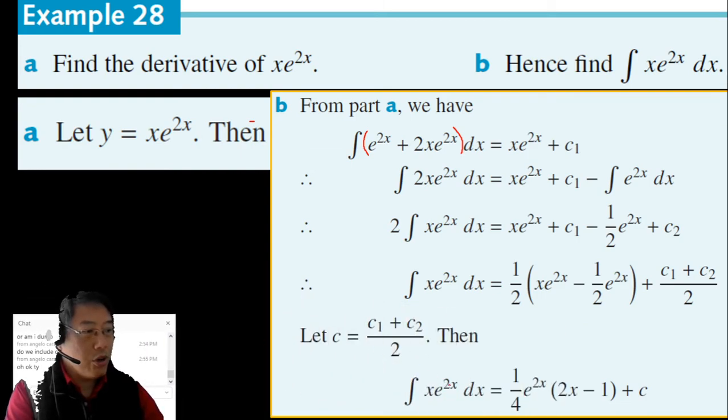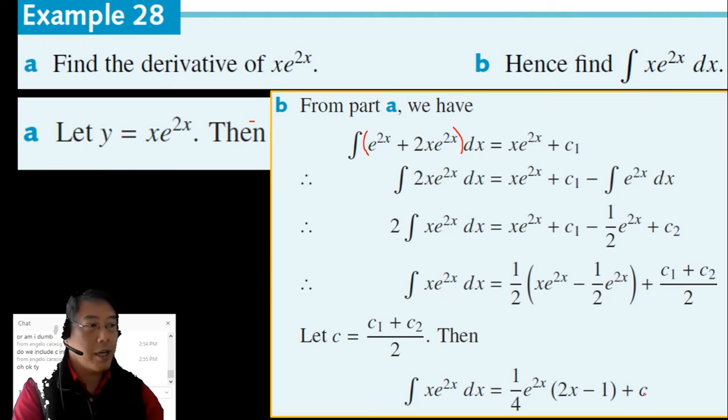So the integral of part B now is equal to, after you expand, so what they did is factorize a quarter. Because they have a quarter here, they need to put a 2 in front here. That 2, they factorize exponential of 2x for both terms. So you have a 2x minus 1 here, and that C1 plus C2 over 2 is simplified to 1 constant. Okay?